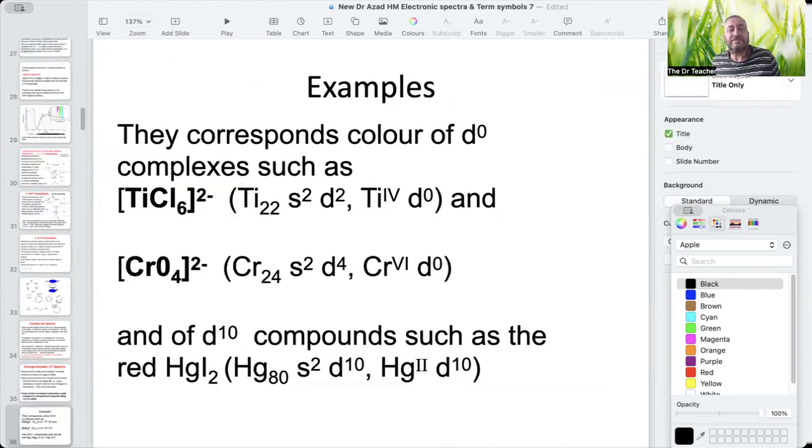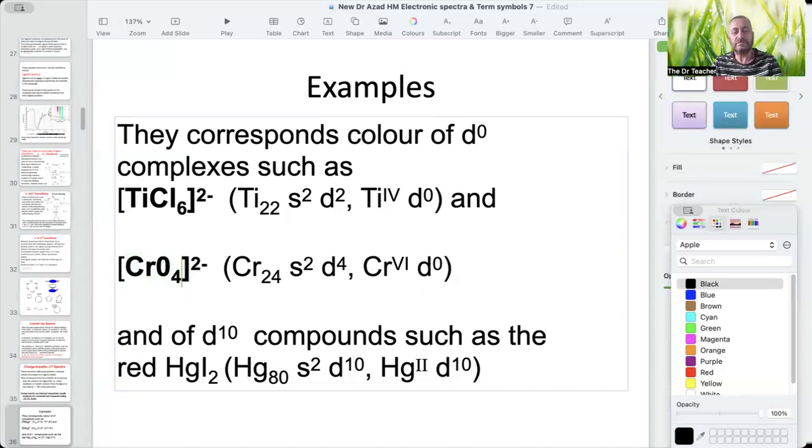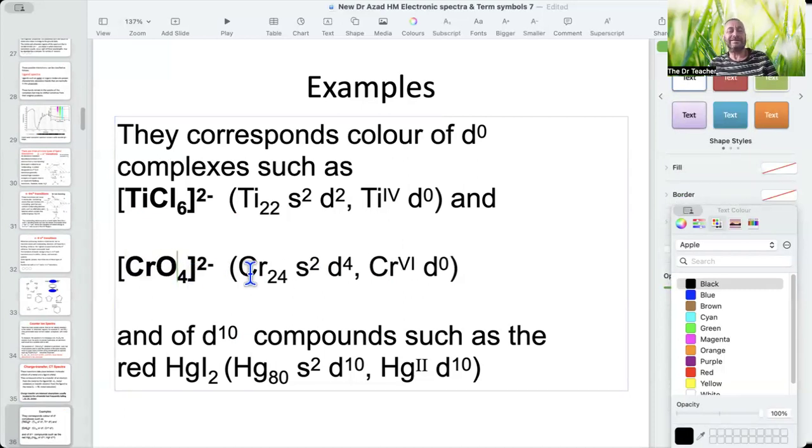Examples here are d0 titanium hexachloro, titanium(IV), which has lost all 4 electrons to become d0; chromate (CrO4), where chromium has lost all 6 electrons to become d0; and d10 compounds such as mercury, which lost 2 electrons from the s orbital, ending with d10.